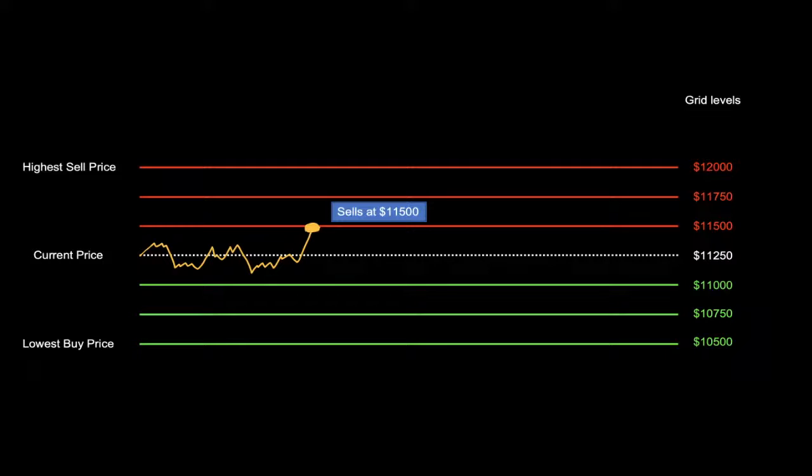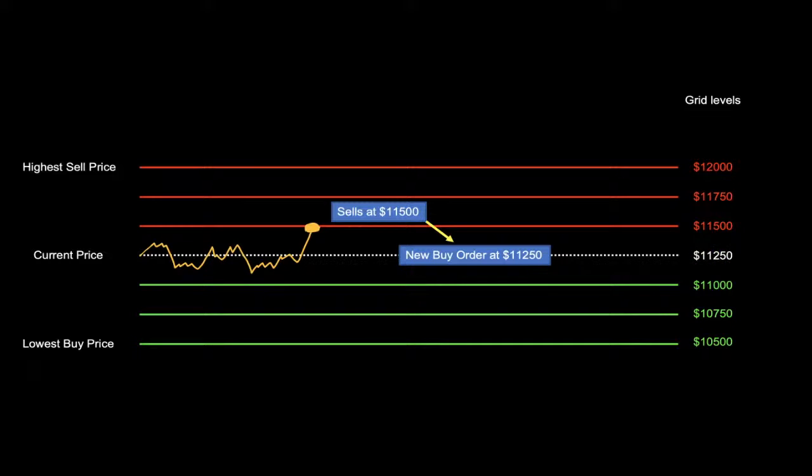So that's exactly 11,500. And it will take a portion of this cash out from the market to set a new buy limit order. And by that, this is how we achieve an almost endless process of the bot buying low and selling high.